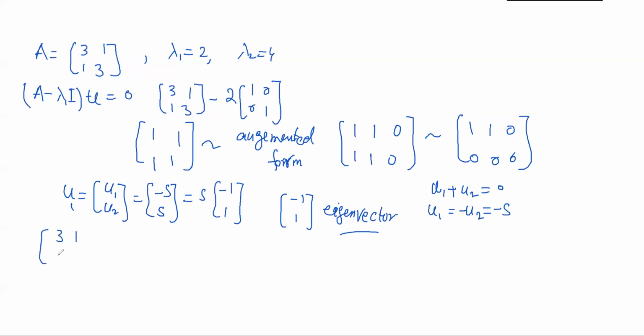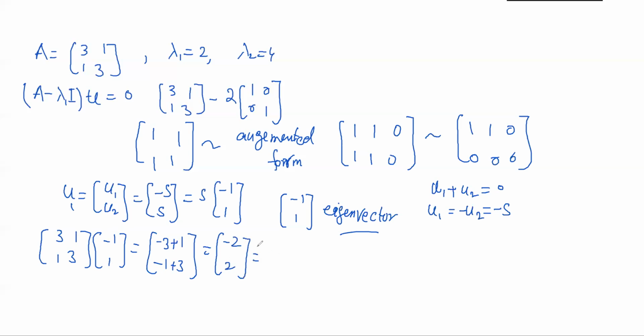So 3, 1, 1, 3 times minus 1, 1. So it will be 3 into minus 1 is minus 3. 1 into 1 is 1. And then 1 into minus 1 is minus 1. 3 into 1 is plus 3. So what we get is minus 2 and 2.